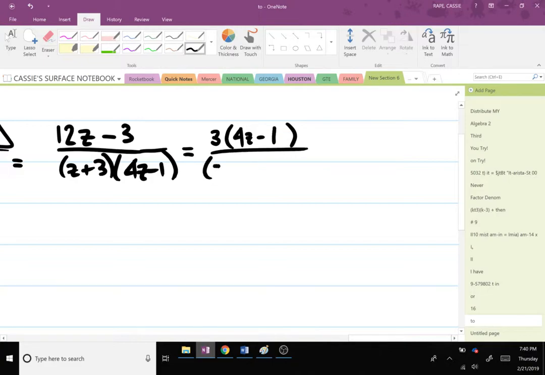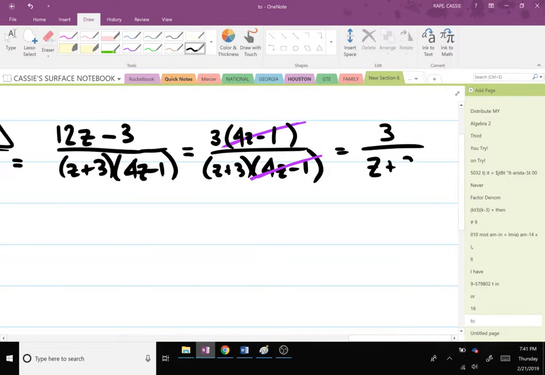And then I'm just going to rewrite this denominator as z plus 3 times 4z minus 1. Okay, now I do have one of those complicated forms of 1 because 4z minus 1 over 4z minus 1 is 1. That's what canceling means. And so you end up with 3 over z plus 3. Don't cancel those 3's. You never cancel out of addition or subtraction. And that is the simplest answer.